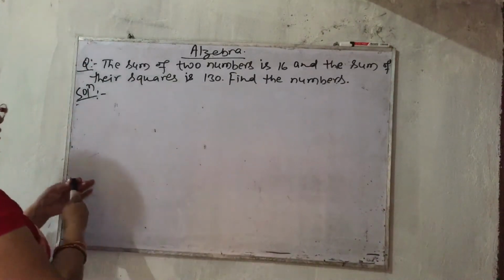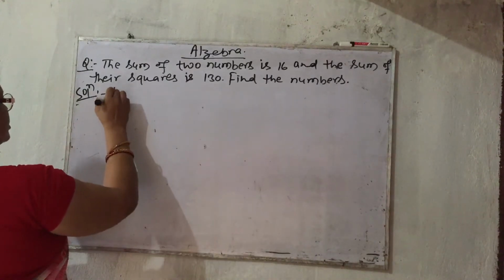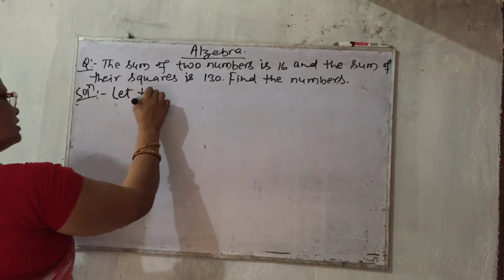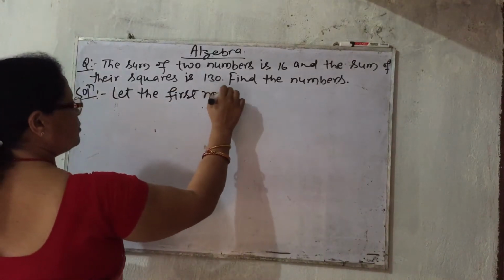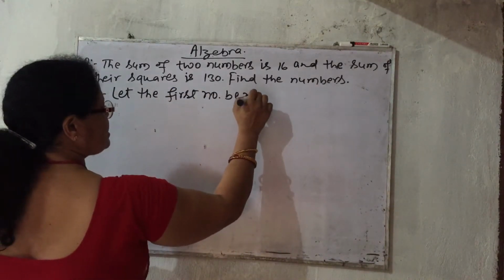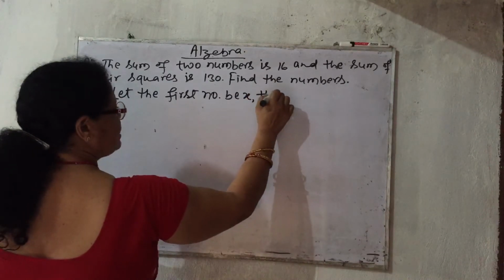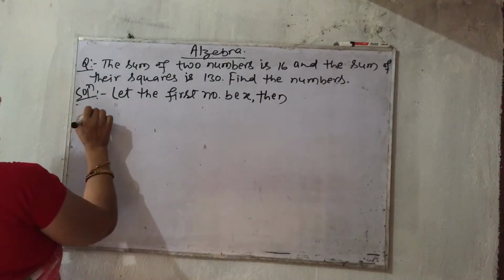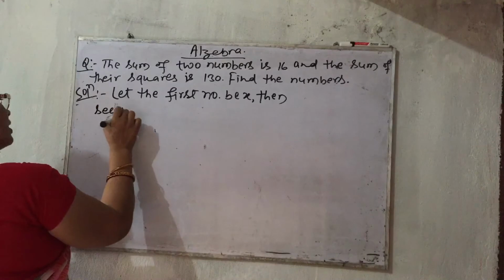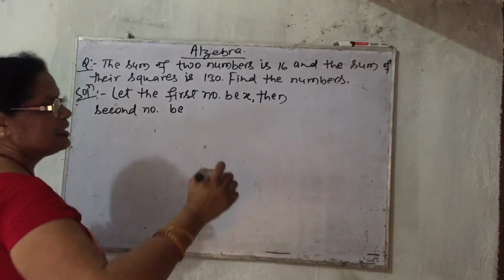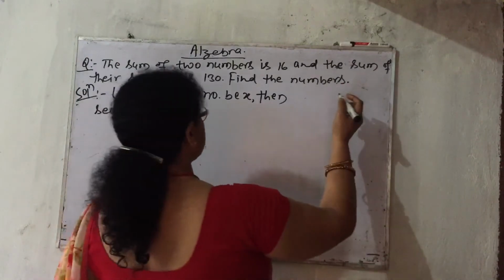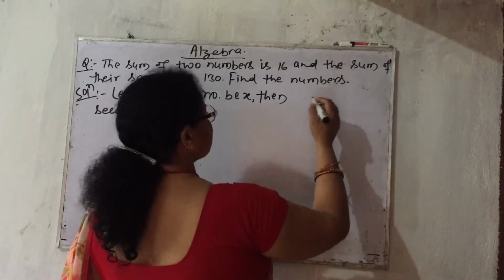Let's see the solution. Let the first number be x. Then what will the second number be? Let's see an example.